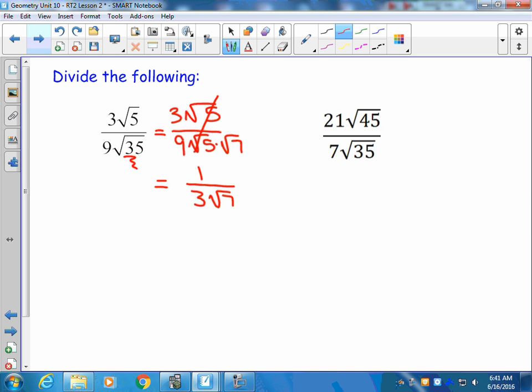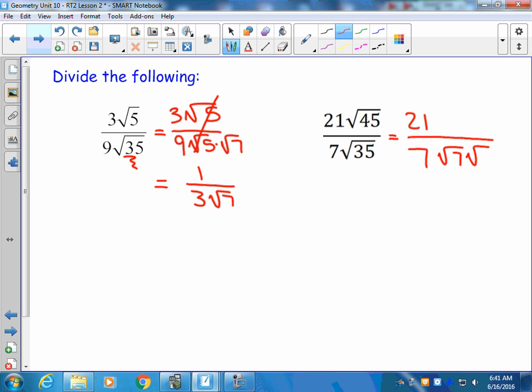Similar situation. We look over on the other side. We want to be able to separate values out as well as possible. In this case, once again, we can't take out a perfect square. We want to find radicals that are similar. And I can see that both of these are going to be multiples of 5 values. So you're just looking at what radical can you separate out.